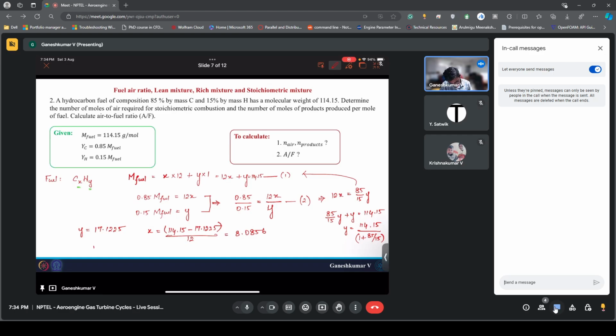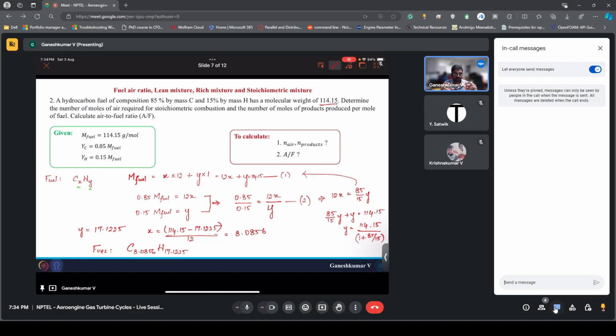Which means the fuel is nothing but C8.0856 H17.1225. But we all know the fuel cannot be like C8.08, it has to be some integer, right? So probably there might be some problem in finding the molecular weight of the fuel. This molecular weight of the fuel, they find it using different measurement techniques.